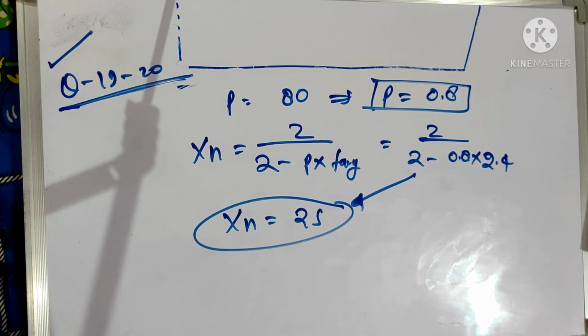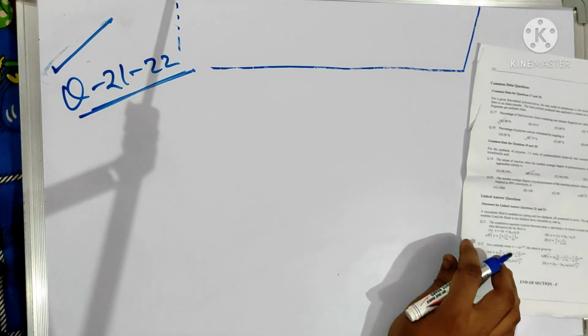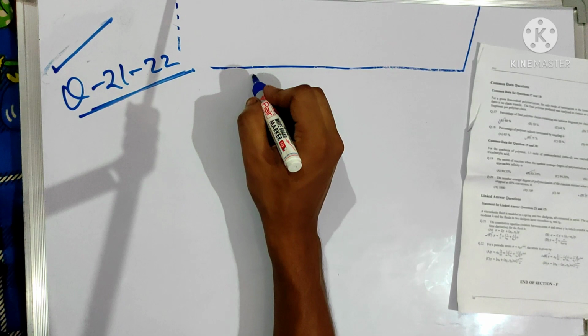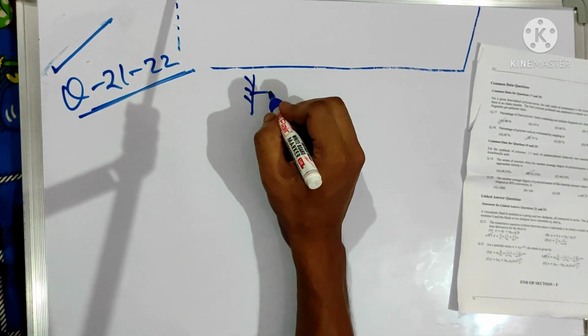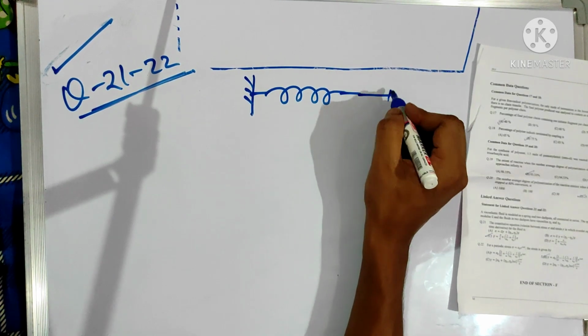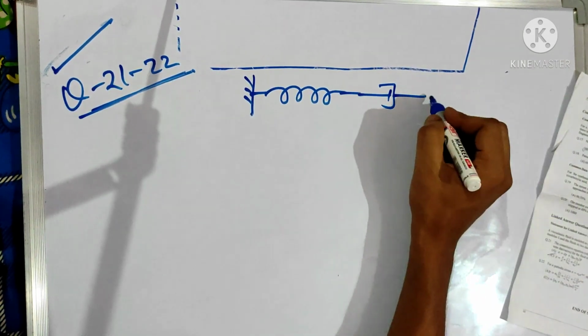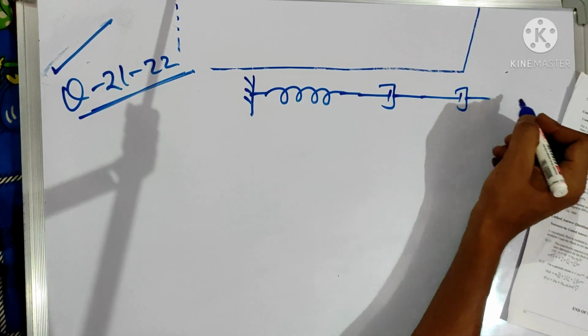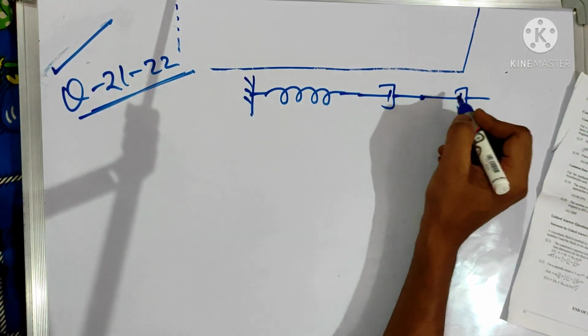Question 21: one spring and two dashpots are connected in series. That means let's take one spring and two dashpots connected in series.